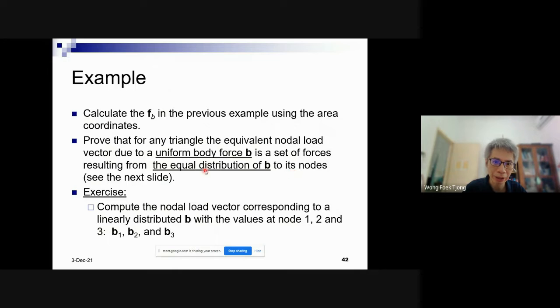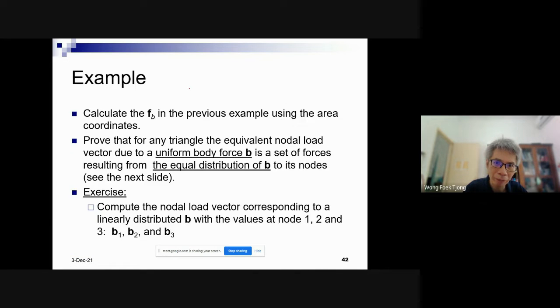What I mean here is, if we have an element subjected to a constant or uniform body force, then to calculate the equivalent body force, it's just distributed equally to its nodes. In other words, just divide by 3. Okay, let me illustrate.